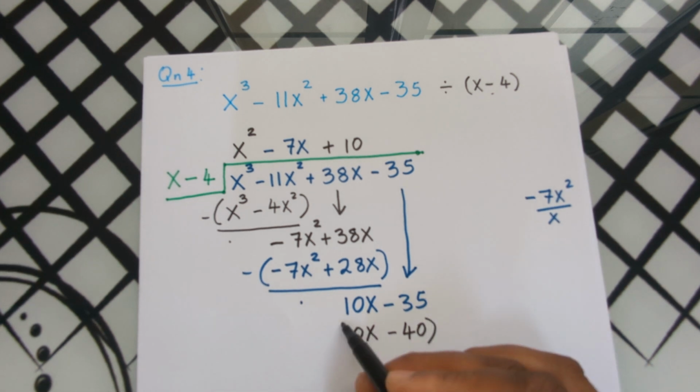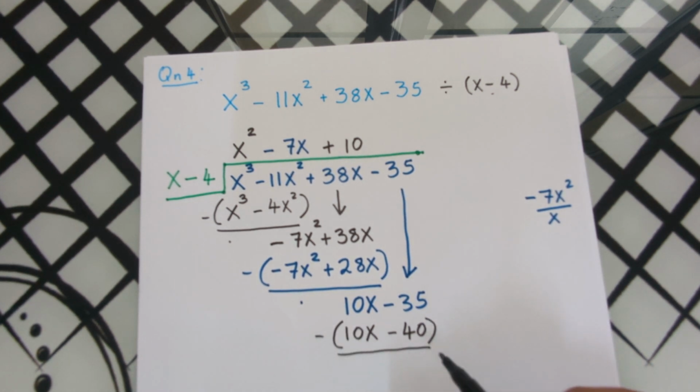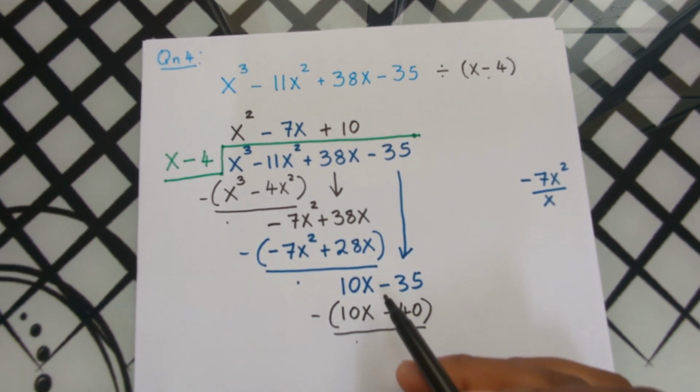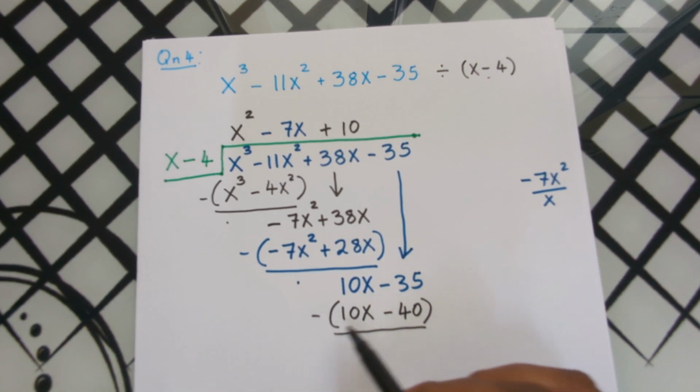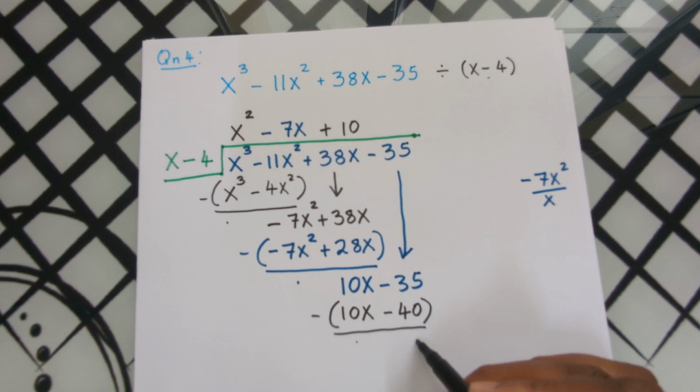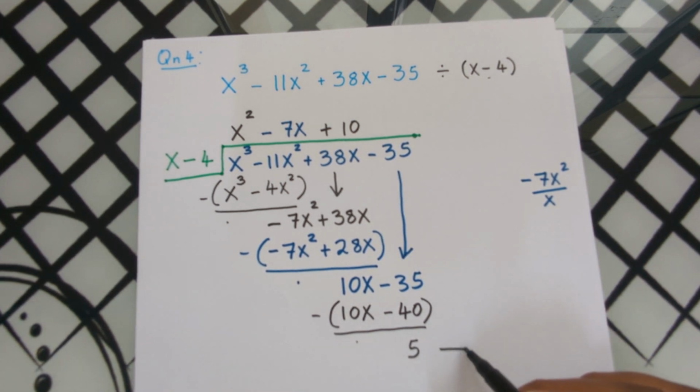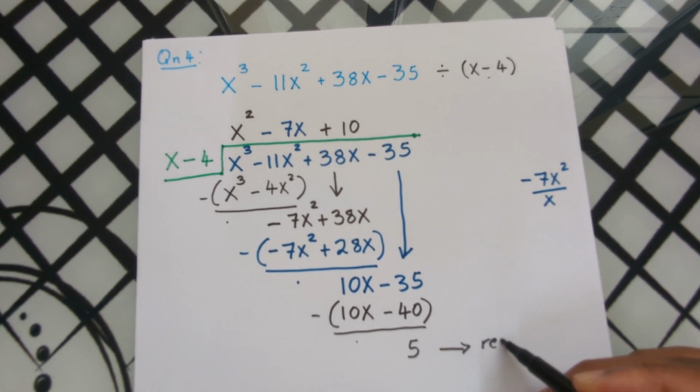We put our brackets, we subtract. 10x minus 10x, that's a 0. Minus 35 minus 40 is the same as saying 40 minus 35, which is positive 5. So our 5 is our remainder.